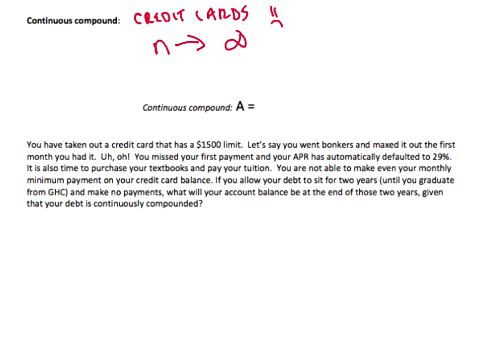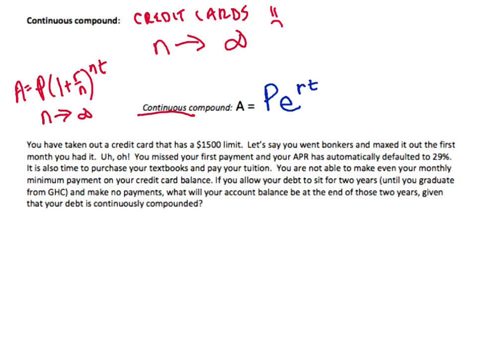So, if we start out with A equals P times 1 plus r over n raised to the nt power, and now, since we're going to continuously compound, that n is moving towards infinity, our new formula for continuously compounded interest is A equals P times e raised to the rt.